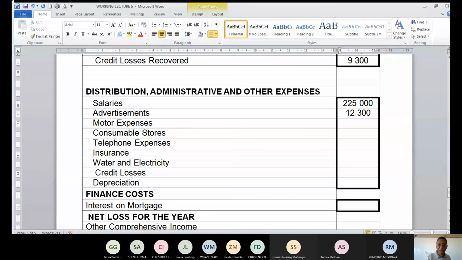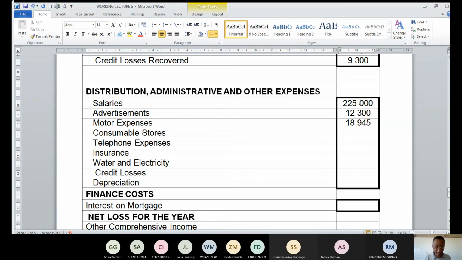And my motor expenses is the amount of 18,945 rand indicated there.